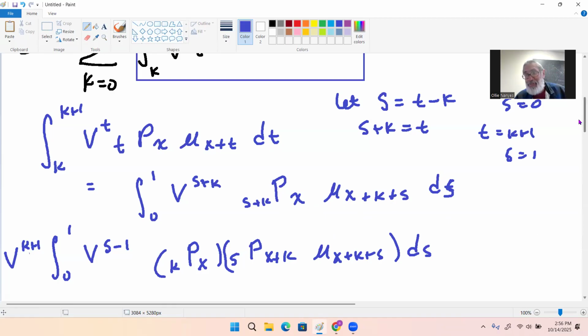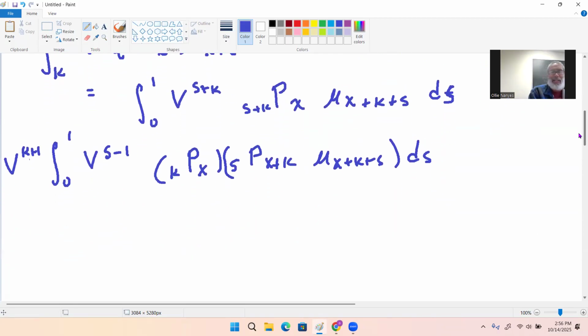Now, I put my equal on this side. Now notice what we have here. I'm going to take this outside the integral sign because there's no S in it. So that's outside the integral sign.